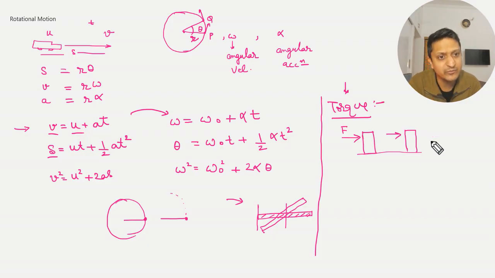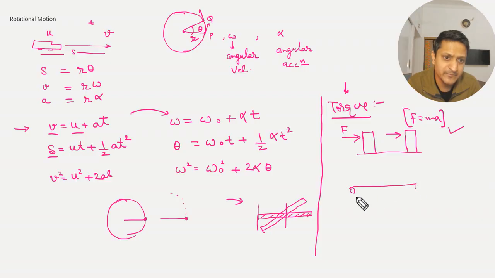So this object would be moving, and we will say that F equals ma. This we have already done in the force part. But torque is like, suppose there is some shaft here. When we put some force F, it moves downwards like this.